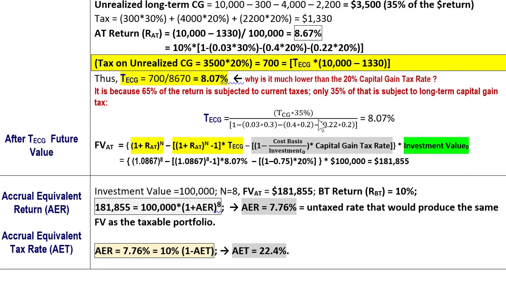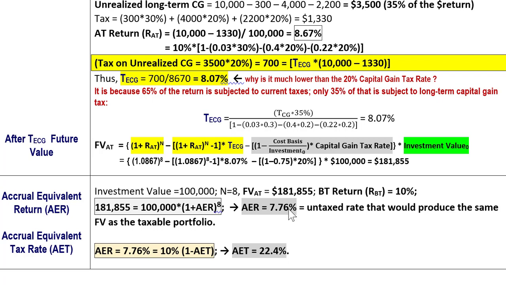In this reading, we call it the accrual equivalent return, which is the true after-tax return. I will show you here. What we need to get is 7.76% instead of 8.67%. How do we get that one?